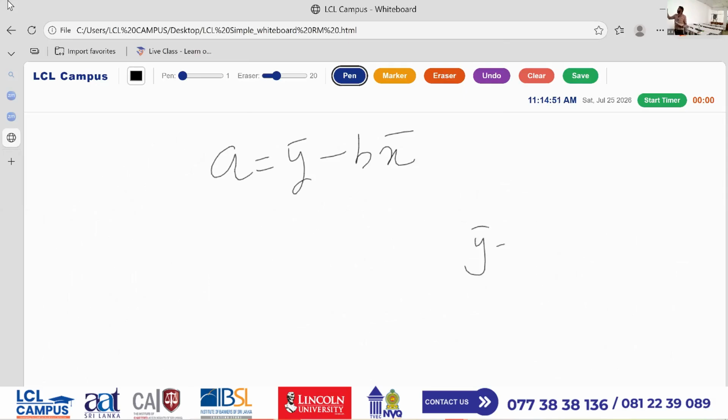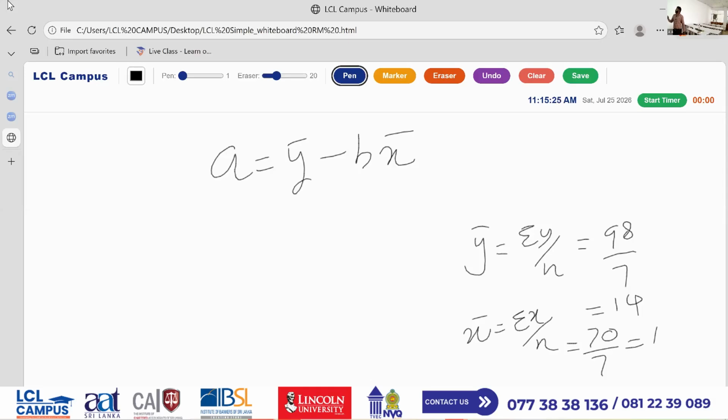First find y bar, which is sigma y over n, the total we got is 98 over 7, that is 14. Then x bar is sigma x over n, 70 over 7, which is 10. Then A equals 14 minus 1.567 into 10.